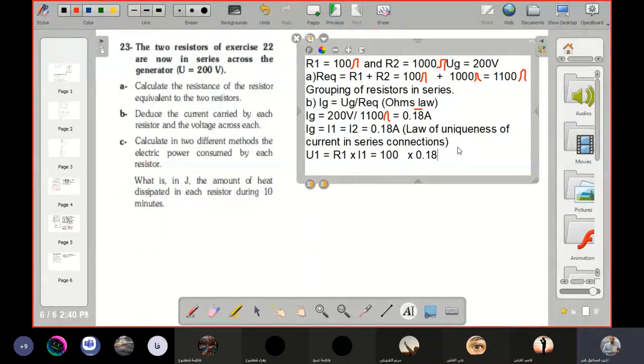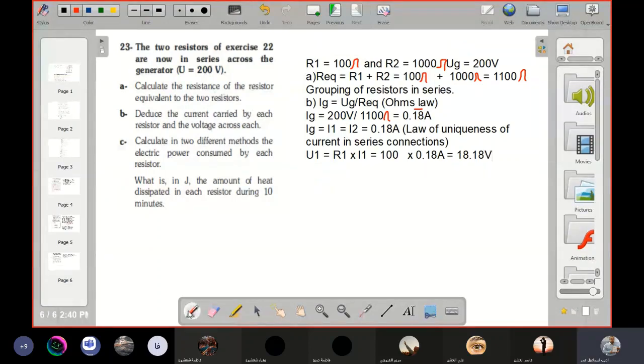Then we get 18.18 volts, with the bar over 18.